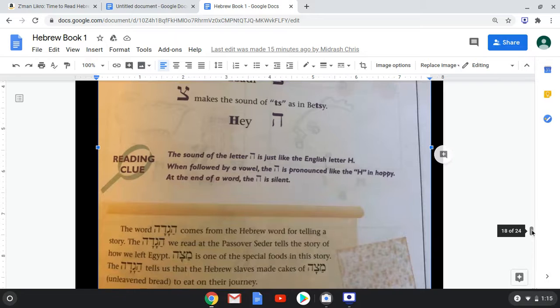Okay, let's go down. They give us a little bit of a reading clue. The sound of the letter Hey is just like the English letter H. When followed by a vowel, the Hey is pronounced like the H in happy. So you hear it, happy. At the end of the word, the H is silent. So if you go back up, let's look at our key word again.